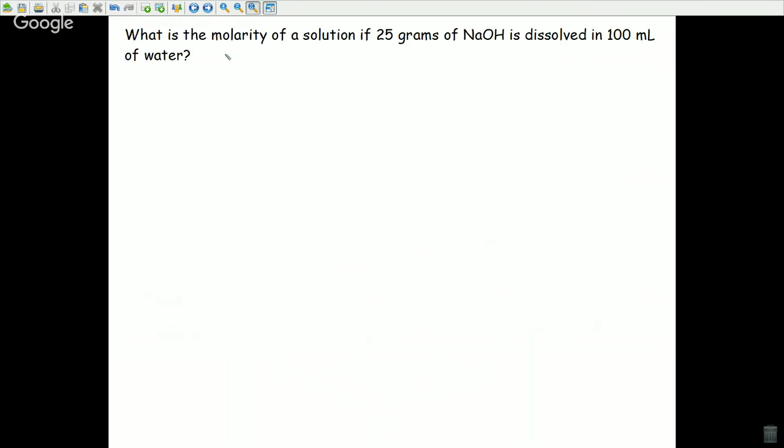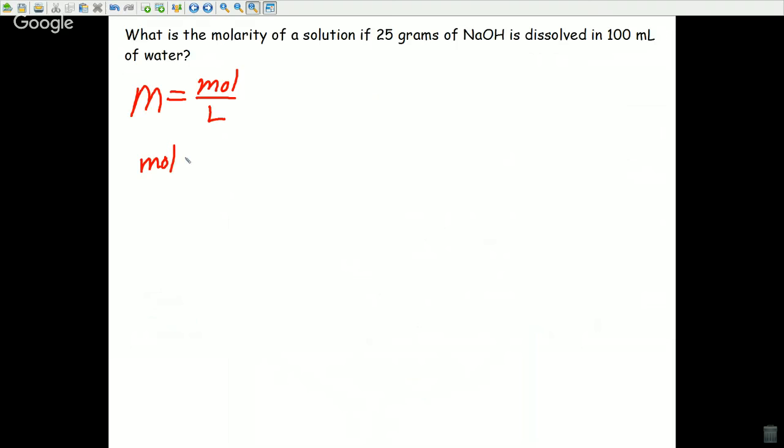So in this question, it says, what is the molarity of a solution if 25 grams of sodium hydroxide is dissolved in 100 milliliters of water? So remember that you need moles per liter. So you need to first convert the mass into moles.